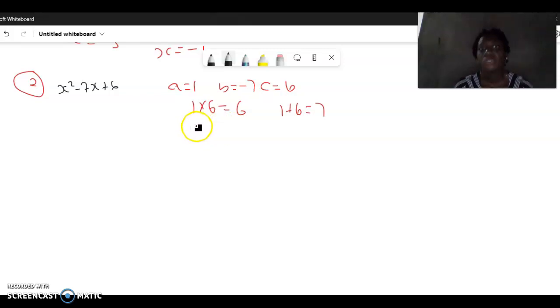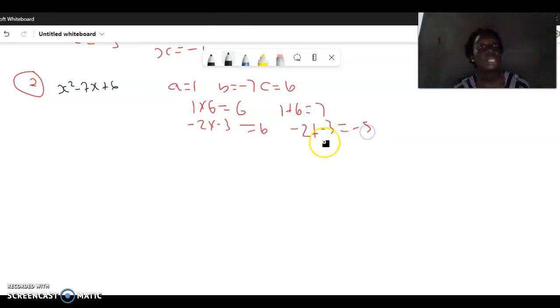What if we try other factors such as negative 2 and 3? Negative 2 times 3 will yield us a negative 6. However, if we find the sum of negative 2 and negative 3, our result will be negative 5. So that's not the two factors that we're looking for.